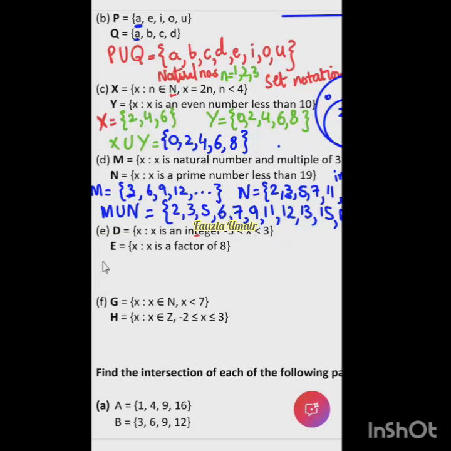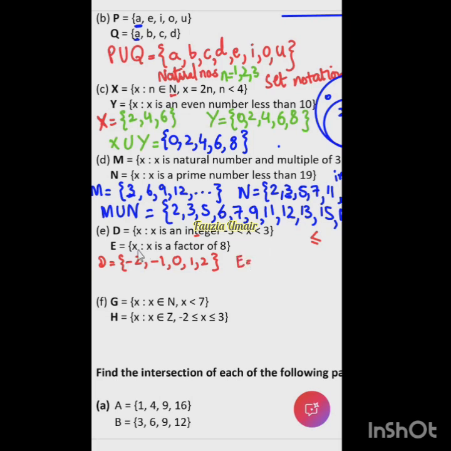So can anyone tell me what are the elements of set D? -2, -1, 0, 1 and 2. 3 and -3 will not come because there is a less than sign. If it were a less than or equal to sign, then we would include 3 and -3 also, okay?